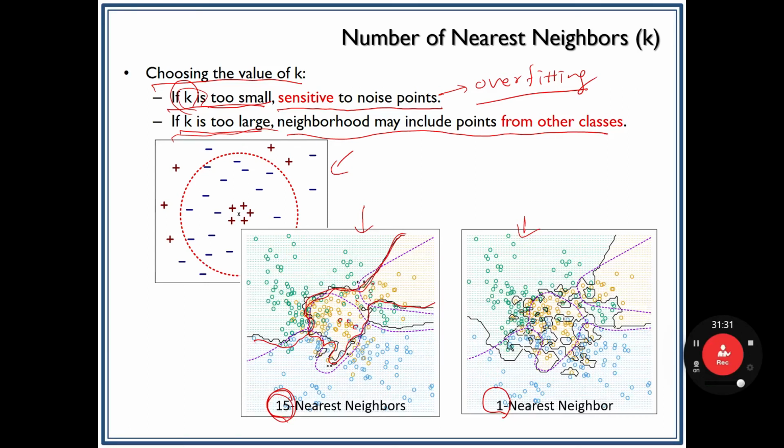So what we usually do is, just like the decision tree, once we have a data set, we split the data set into two parts, training and test. And we split the training part again into training and validation. And then use this part only for training.